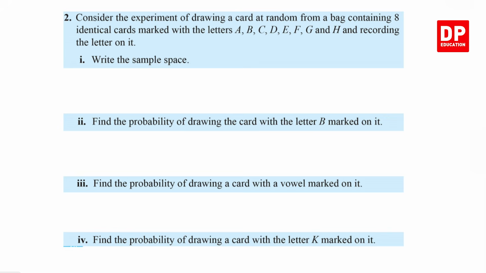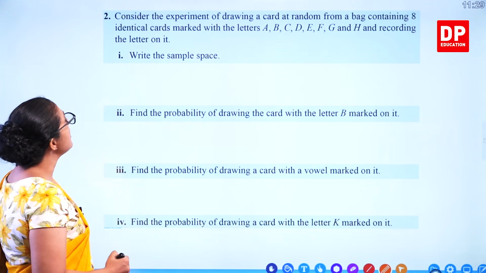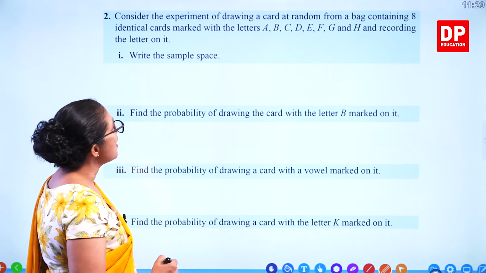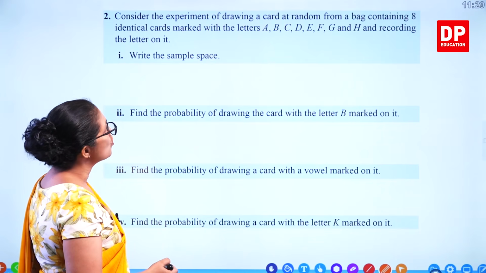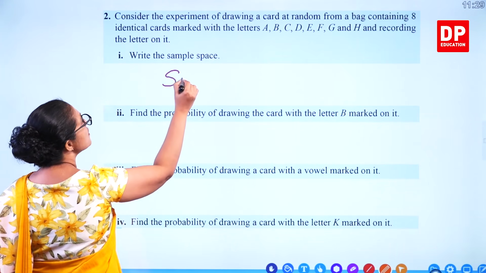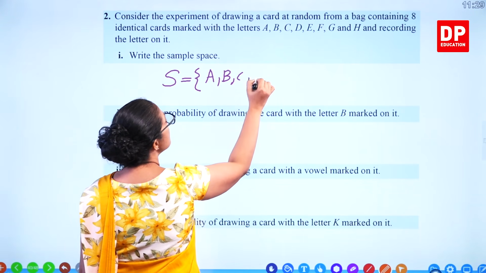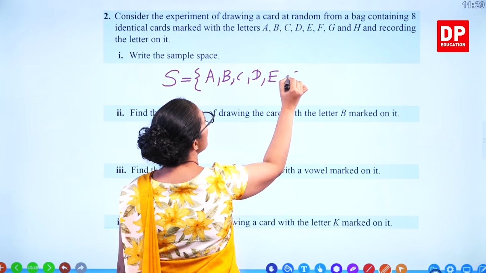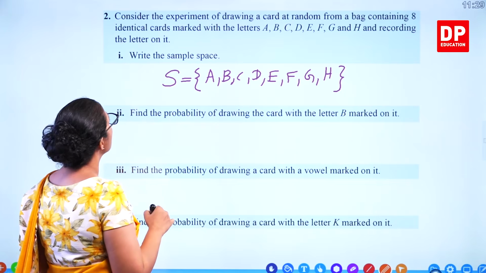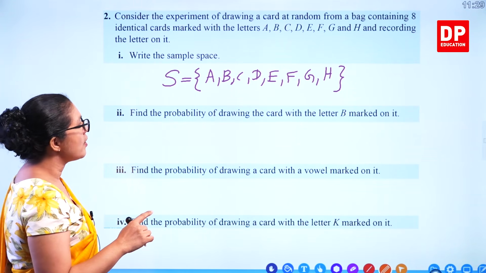Question number 2. Consider the experiment of drawing a card at random from a bag containing 8 identical cards marked with letters A, B, C, D, E, F, G, H and recording the letter on it. So, write down the sample space. All possibilities are there. A, B, C, D, E, F, G, H. Find the probability of drawing the card with the letter B marked on it.